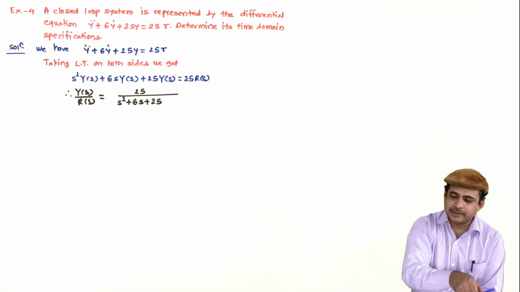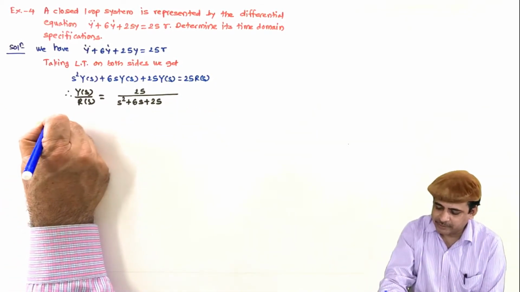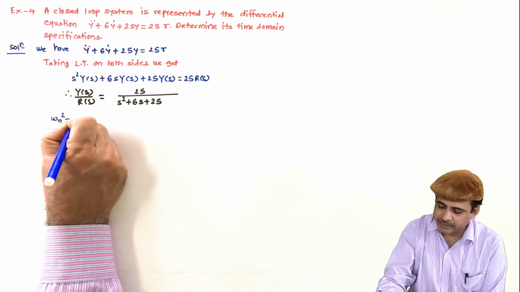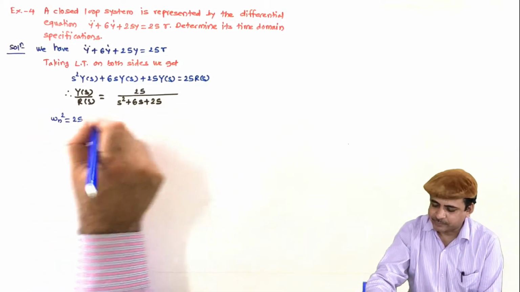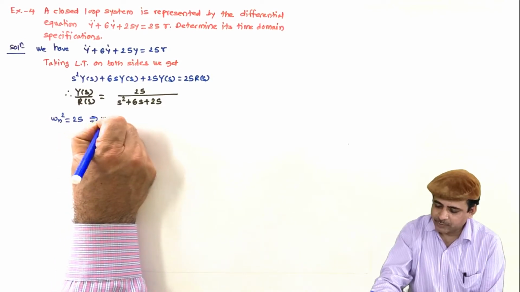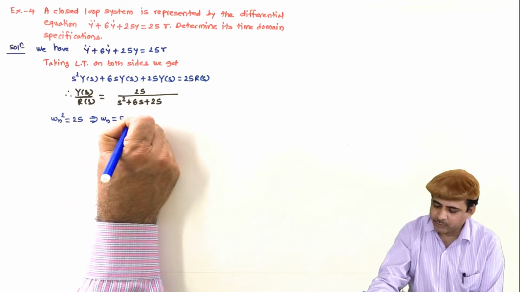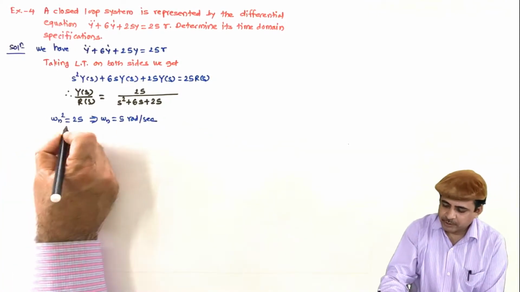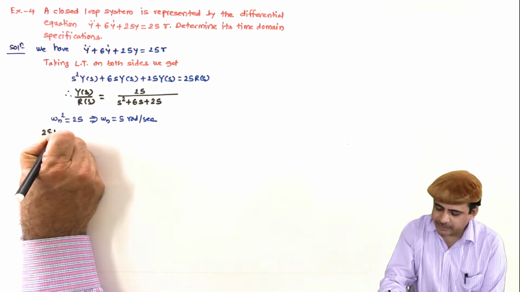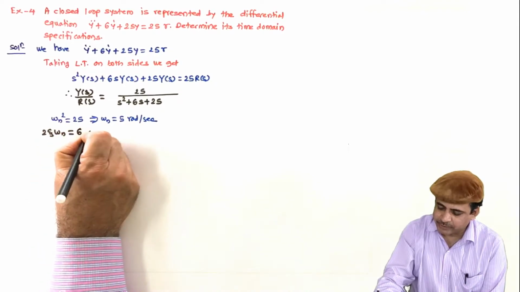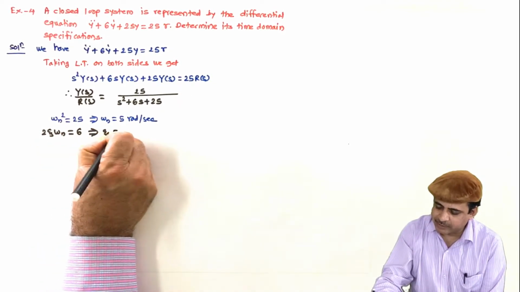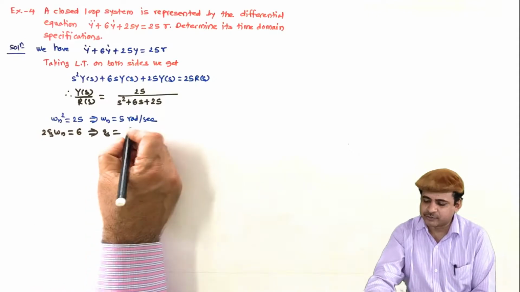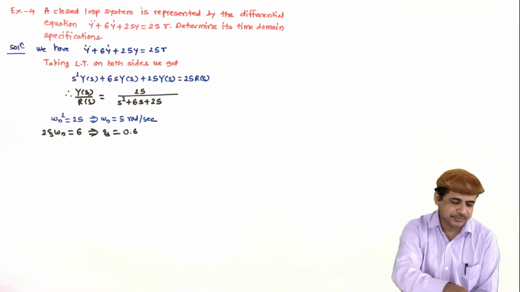Now comparing it with the standard, we get omega n square is equal to 25, which gives me omega n equal to 5 radian per second. 2 zeta omega n equal to 6, which gives me 10 zeta is equal to 6, so zeta is 0.6.